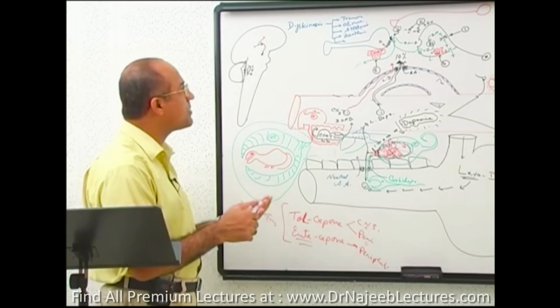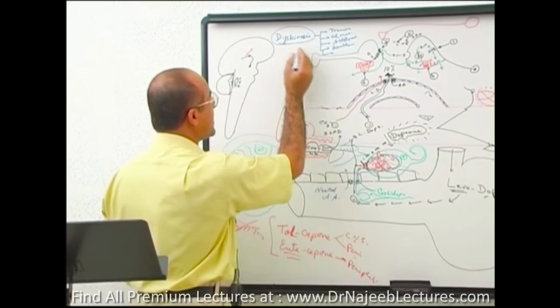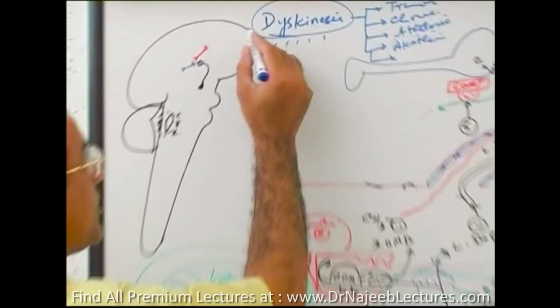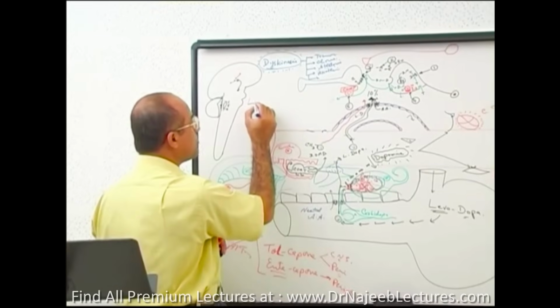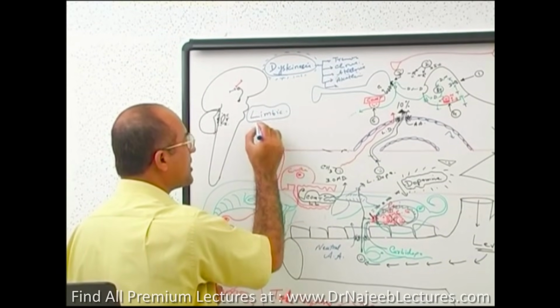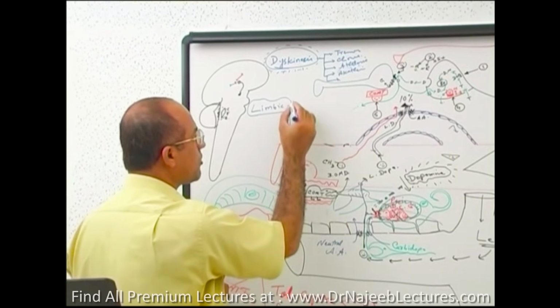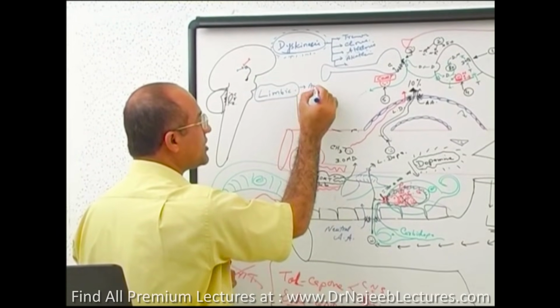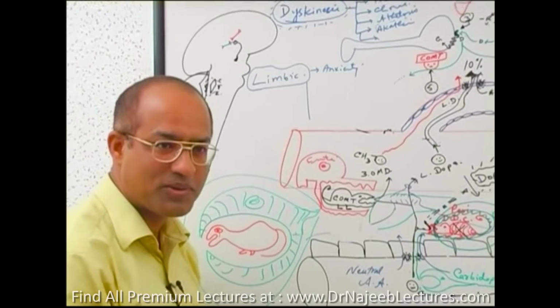So what really happens, another group of side effects is there. When the basal ganglia are acted upon, that will lead to dyskinesias, and when the mesolimbic system is under excessive dopaminergic activity, that will produce what? That may produce anxiety. Start with the small thing and then go to psychosis.